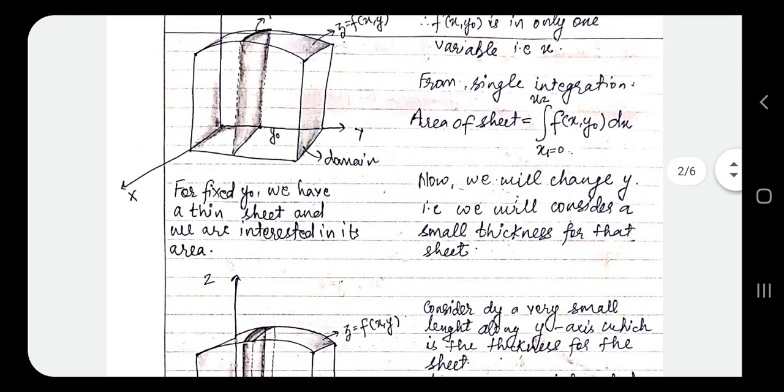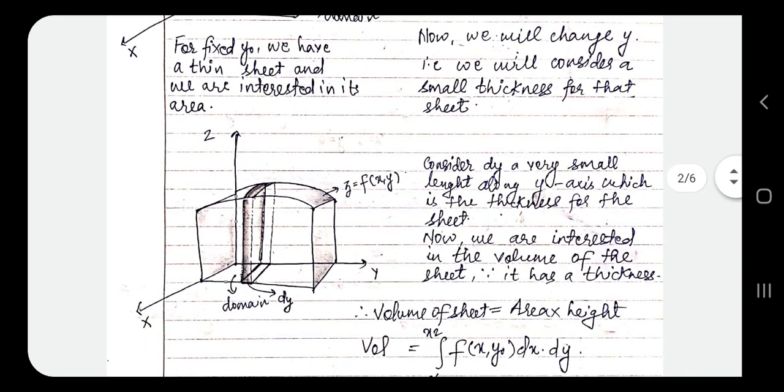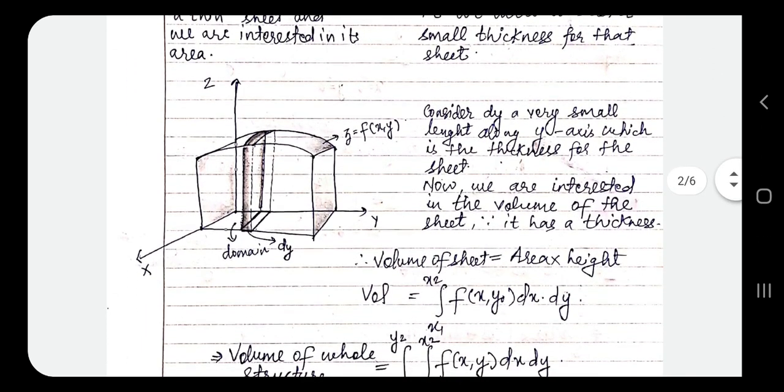So this single integration gives us the area of that sheet. Now we will change y, that is, we will consider a small thickness for that sheet. So this is the diagram for giving height to that sheet, giving thickness. So consider dy a very small length along the y-axis, which is the thickness for the sheet.